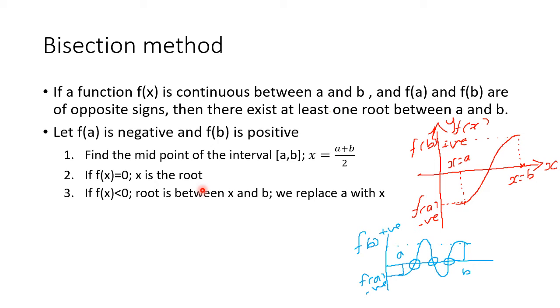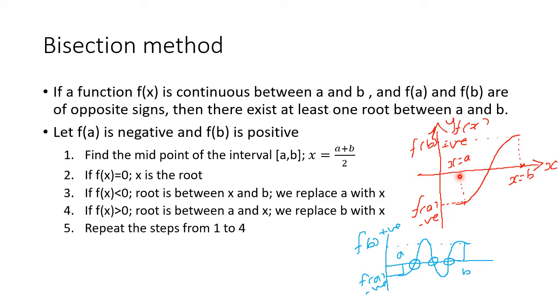And if f of x is less than 0, meaning f of x is negative, you can replace the lower limit, that is a, with x. So your interval bisects. And if f of x is greater than 0, then the root is between a and x, and we replace the upper limit with x. Then we repeat the steps until f of x is approximately 0, or f of x is equal to 0.